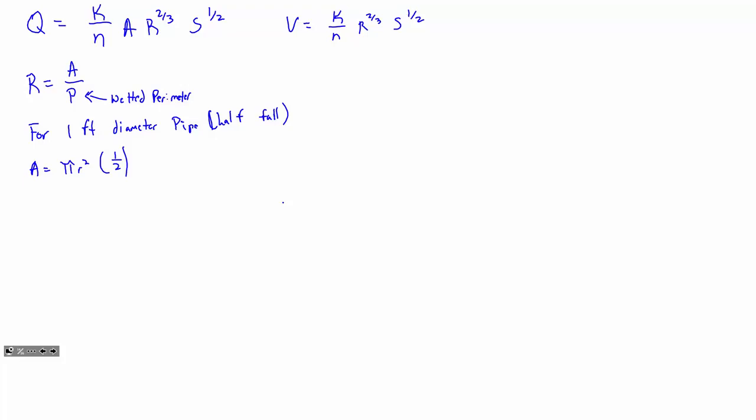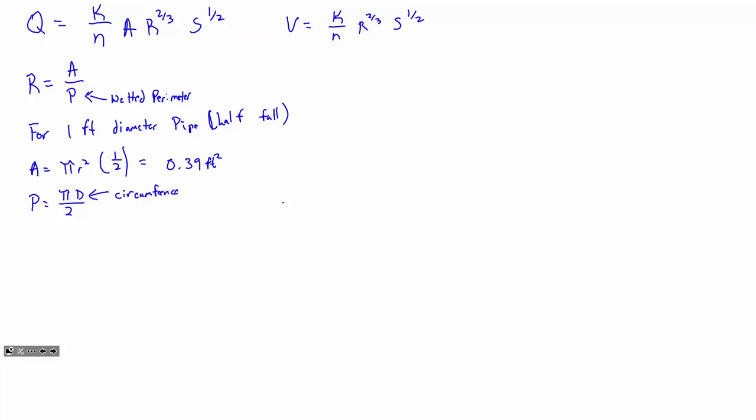Again, it's flowing half full, so we have to multiply by 1/2. We see that this area is going to be equal to 0.39 feet squared. Our wetted perimeter is going to be equal to pi d over 2. Pi d is going to be your circumference.